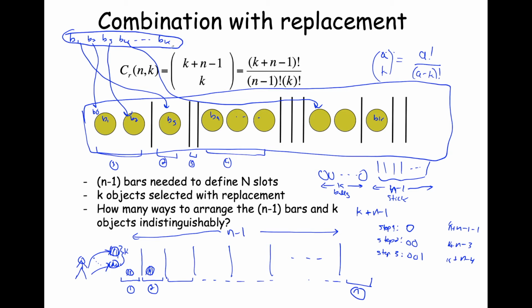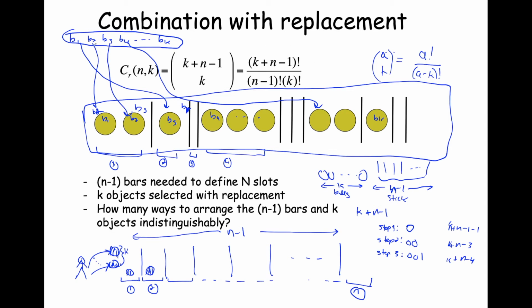It's a duplicate if I have the ordering listed in this figure, B1, B2, B3, B4, etc., or if I said B2 followed by B3 followed by B1, etc.